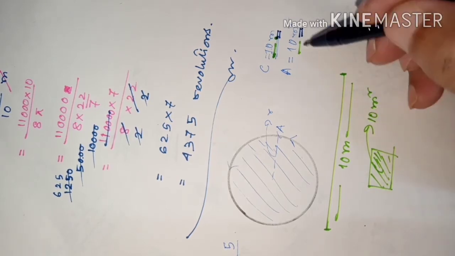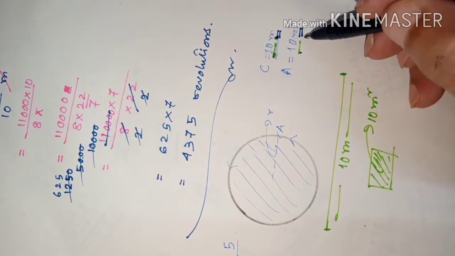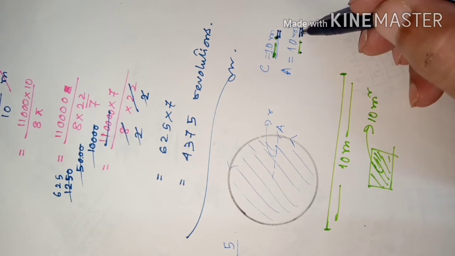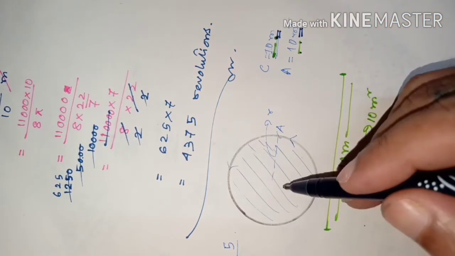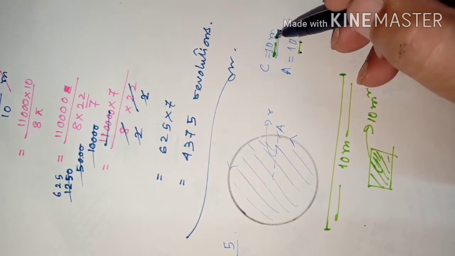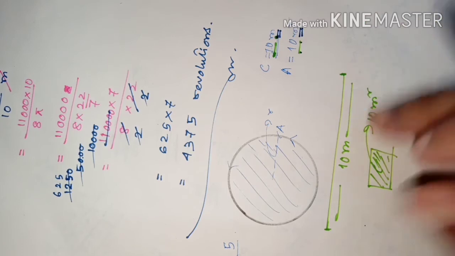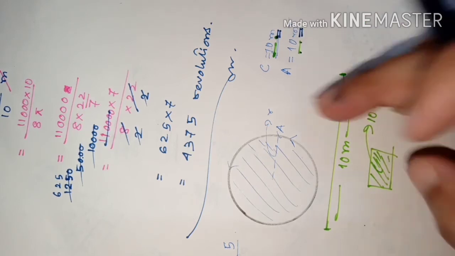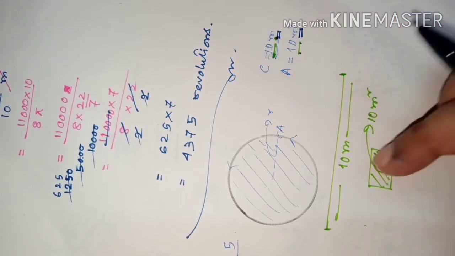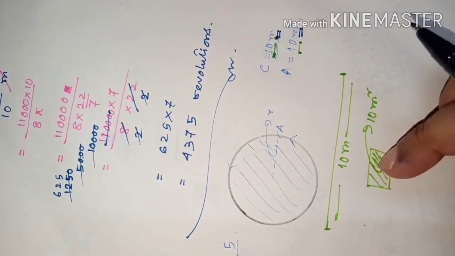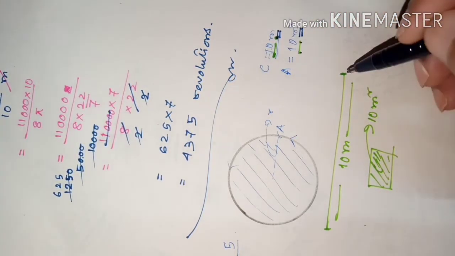A number with m square represents a space inside a closed figure, and only m or only cm, meter, kilometer represents a length. This tells us about length, and this tells us about the measurement of the inside portion, but numerically both are same.